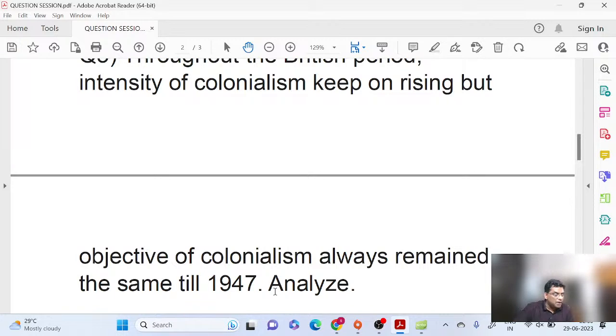India became a victim of British imperialism in order to serve the colonial interest of Britain. The objective of colonialism was to exploit India and benefit England. It was rightly said that the beauty of London was actually the bones and blood of the cotton weavers and the laborers in India. So the intensity of colonialism kept on rising.